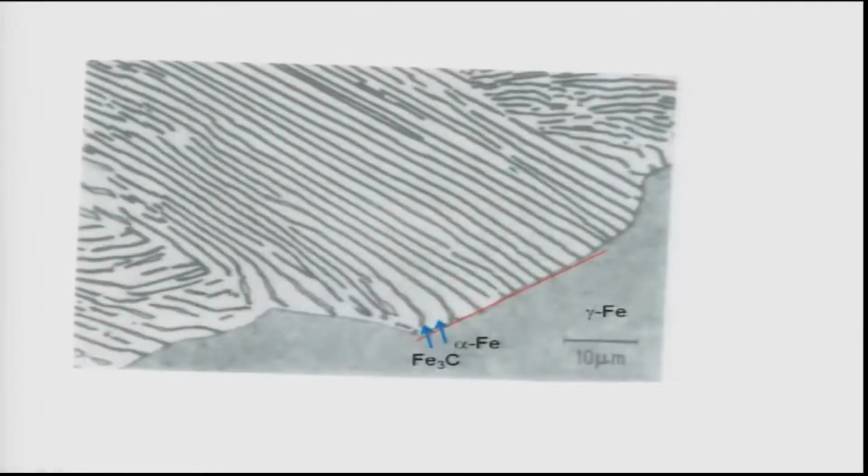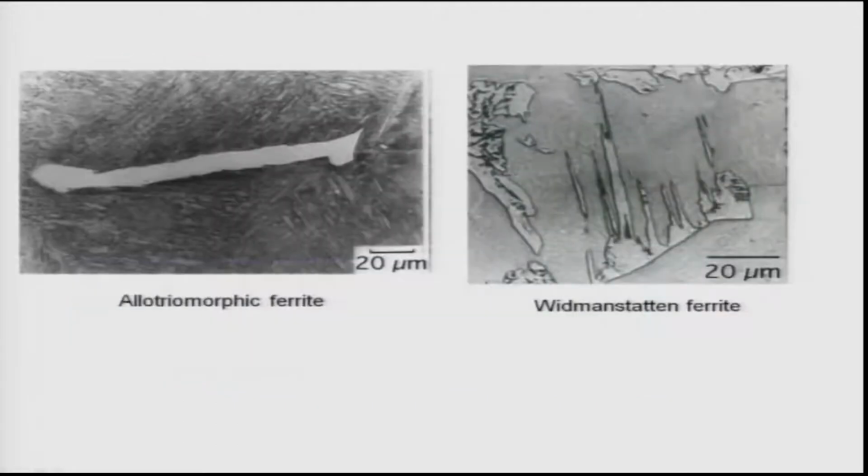This is the first thing I showed you, that if austenite is cooled below 727 degrees Celsius, it will lead to formation of Fe3C, which is shown as a black or grey phase, and alpha, which is known as alpha Fe. Basically, it has almost no carbon, therefore, it is almost like pure iron, and the interface looks very curved between the gamma and the product phase. And we discussed a lot about these, so let us not do that.